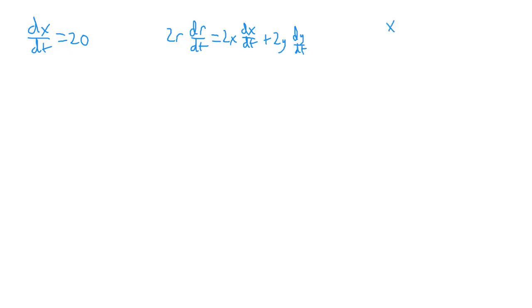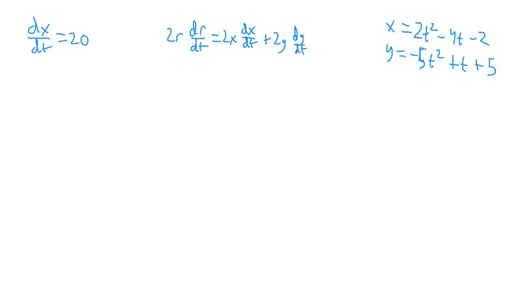And let's remember our x and y equations. So x equals 2t squared minus 4t minus 2. Y equals, this time writing out the t squared term first, negative 5t squared plus t plus 5.